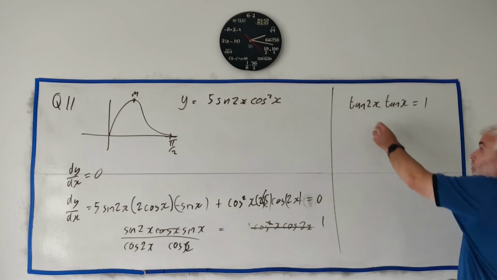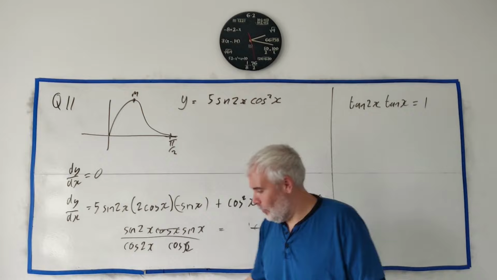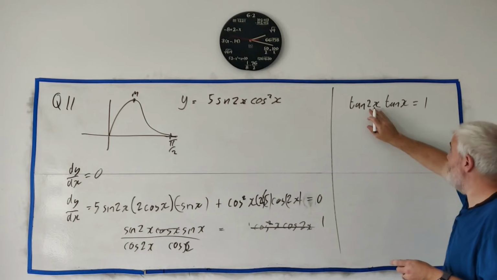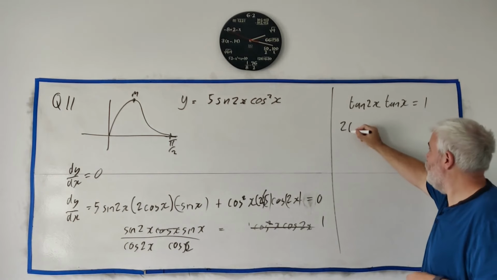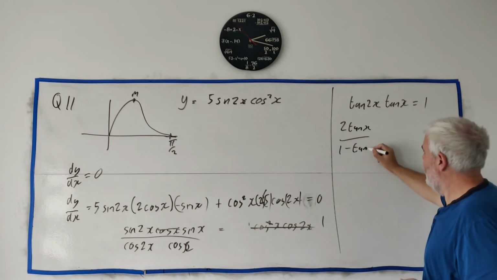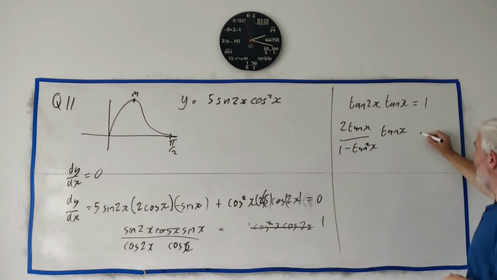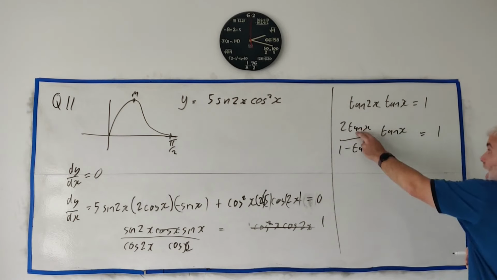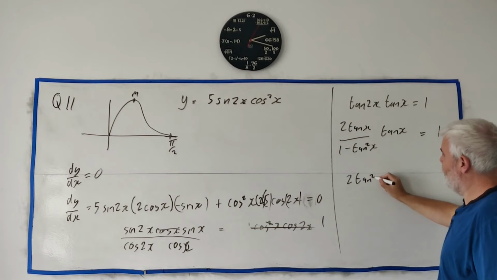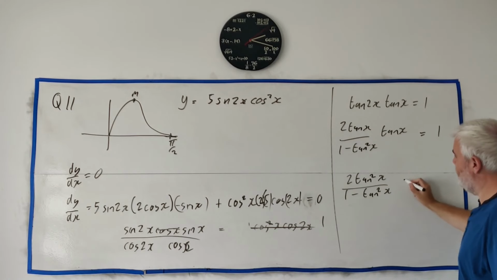We're nearly done. We're going to have to expand this out, the double angle formula. So this becomes tangent of 2x. That becomes 2 tangent of x divided by 1 minus tan squared of x, multiplied by this tan x, and that still equals 1. We have tan by tan on top, that's tan squared. 2 tan squared x over 1 minus tan squared x equals 1.